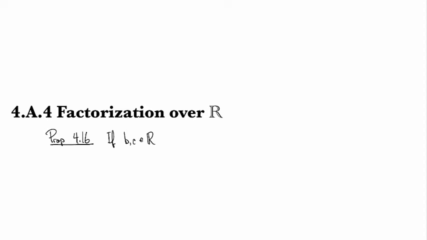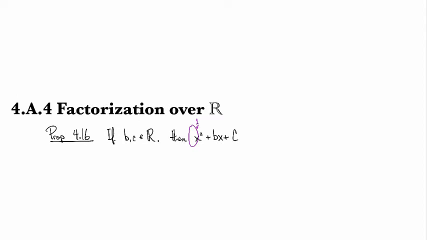So suppose we've got the following monic polynomial with real coefficients. By monic here, I just mean that the coefficient in front of the x squared, the leading term, is 1.